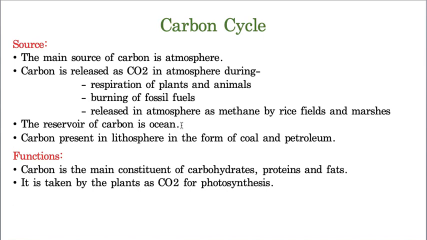So the excess carbon is absorbed by the water, that means oceans, I mean here oceans. That's why ocean is considered a carbon sink. Hope you understand. Whereas carbon is present in the lithosphere, that means earth, in the form of coal and petroleum. So these are the sources of carbon.